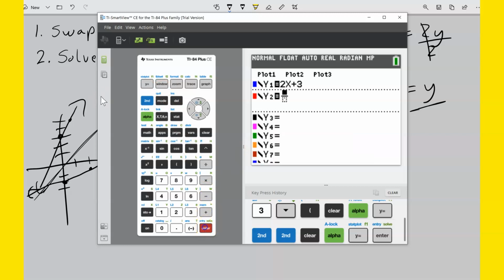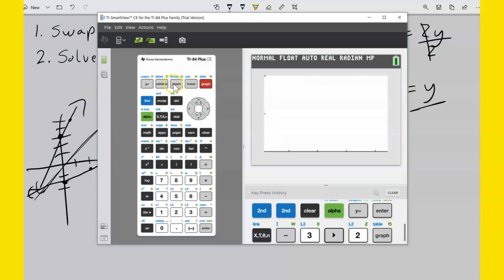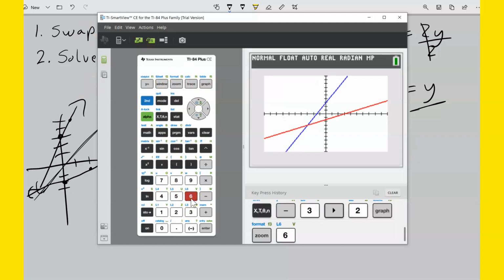There's probably another way to do this too, but that's one way. So I believe we said x minus 3 over 2. And let's see what these look like. I've got to zoom back to my standard zoom window, and now we can see them pretty well.